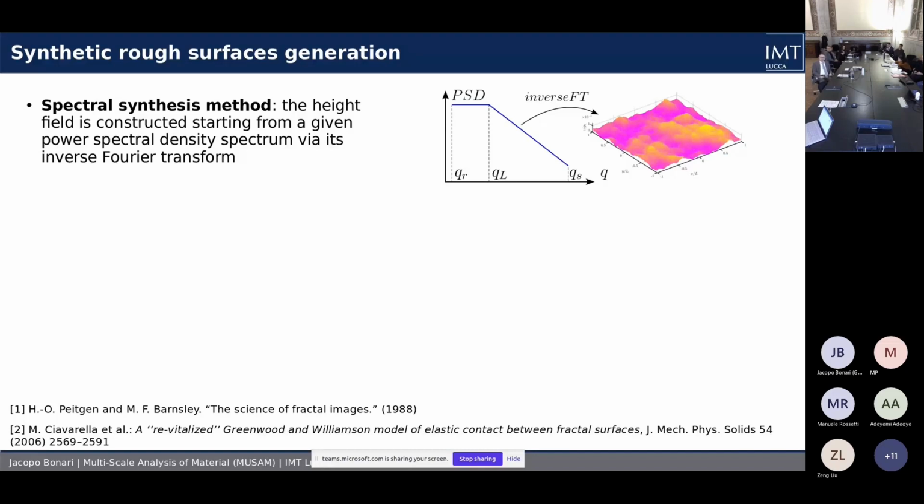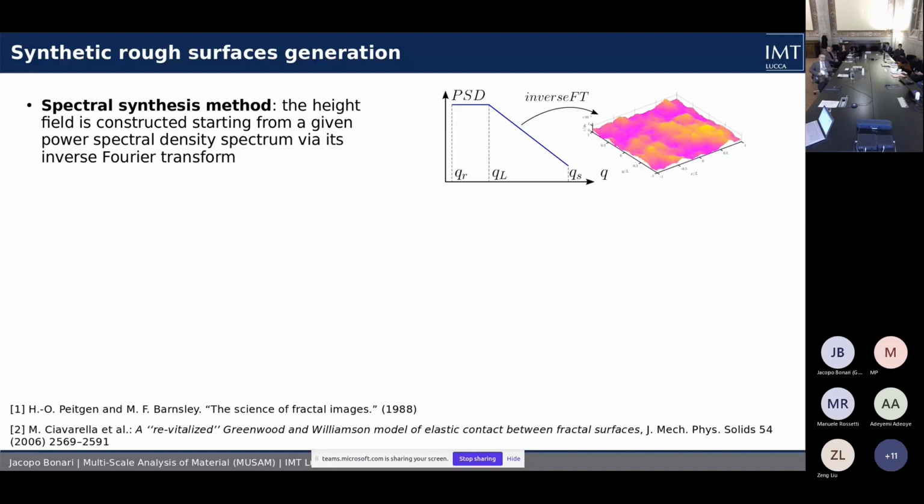Rough surfaces could be either synthetically generated or sampled from experiment. For synthetic rough surfaces, we have mainly three methods employed for their generation.